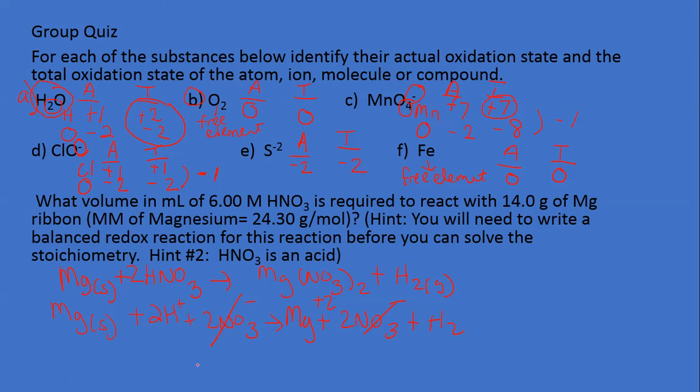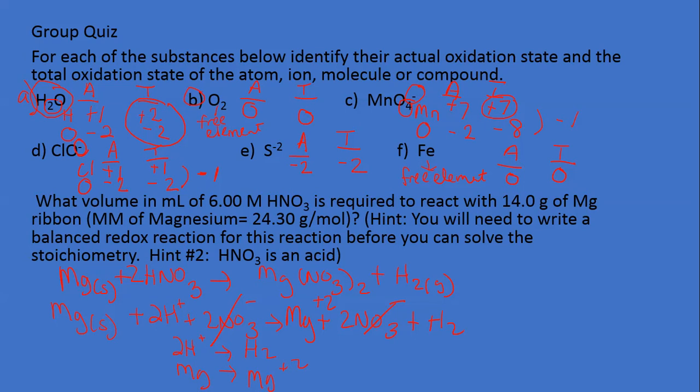Now, we could write the 2 half reactions from this, which gives us 2H+ yielding H2, and Mg yielding Mg2+. You should notice that the electrons are equal.